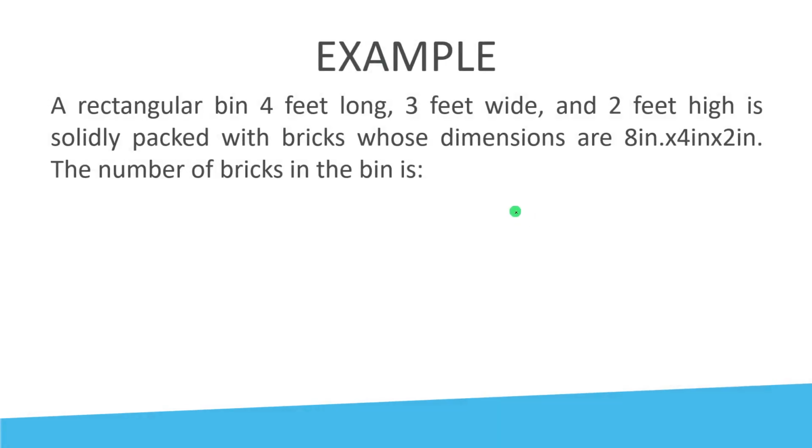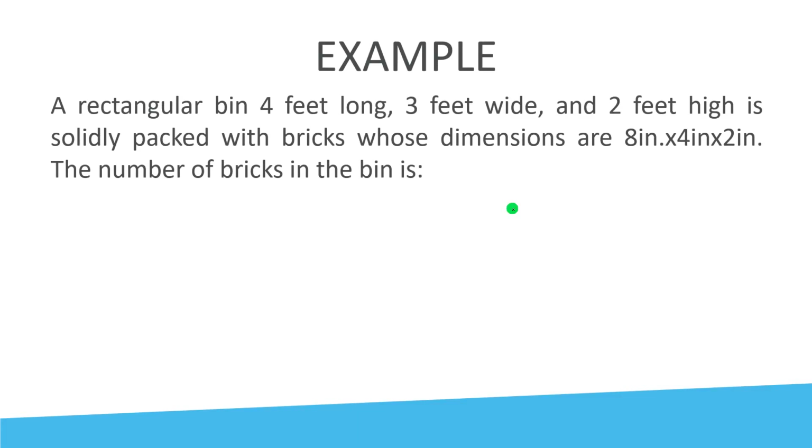Another example for a rectangular parallelepiped. A rectangular bin 4 feet long, 3 feet wide, and 2 feet high is solidly packed with bricks whose dimensions are 8 inches, 4 inches, 2 inches. The number of bricks in the bin is?